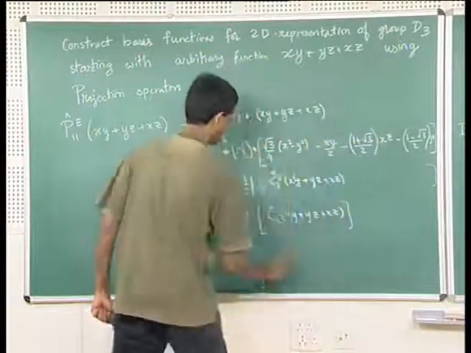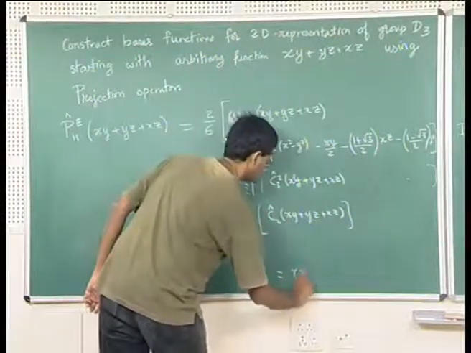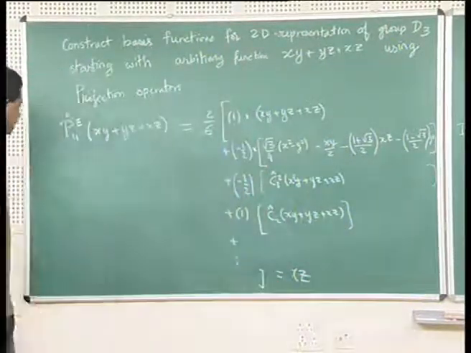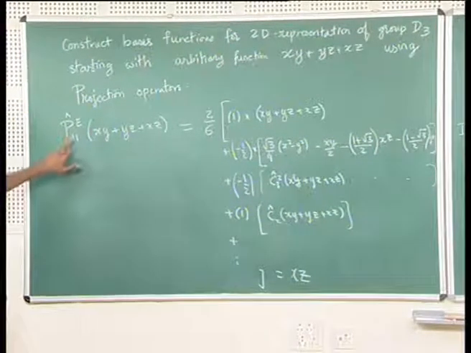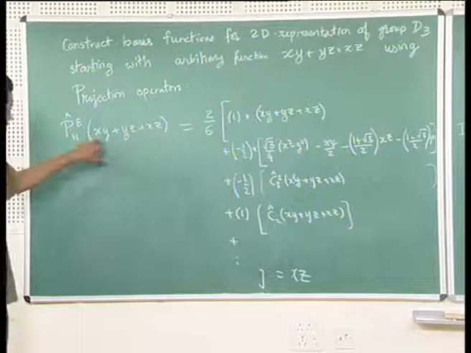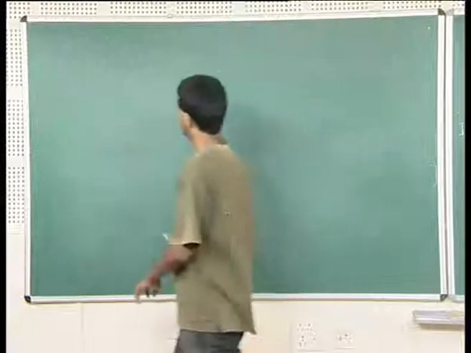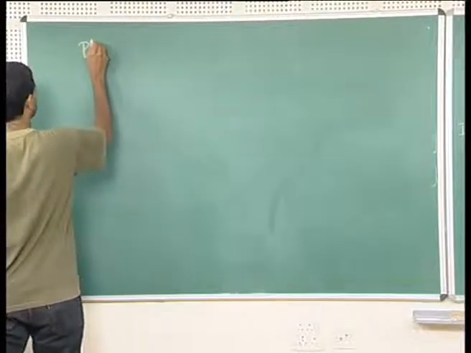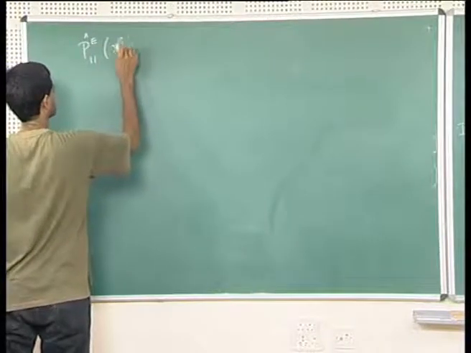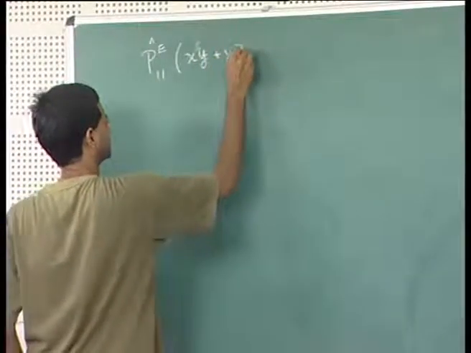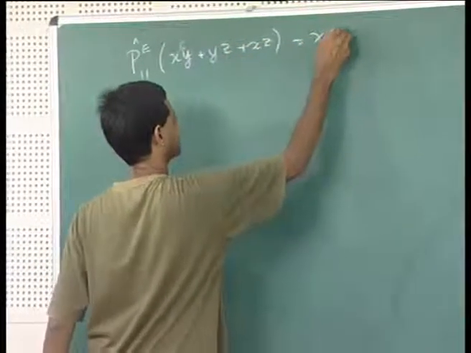Everything else will cancel. All you will be left with is xz. So PE11 will just give you xz. The projection of this onto the 1 1 matrix element is just xz. So PE11 on xy plus yz plus xz is equal to xz.